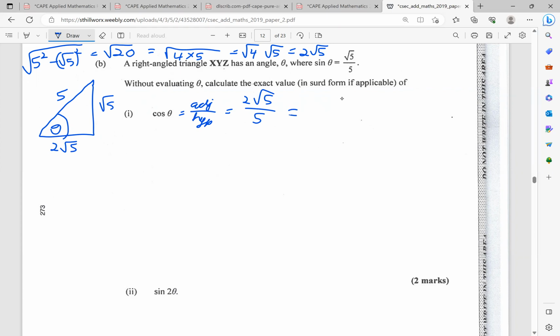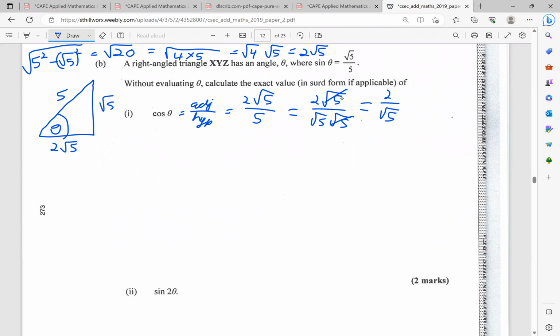Now some of you may have put 2 over root 5. 2 root 5 over 5 is accepted. So how did you get 2 over root 5? It is 2 root 5 by root 5, 5, 2 over root 5. Again, this is accepted. I'm only showing the other way just in case someone worked it like that. Right? Just in case.